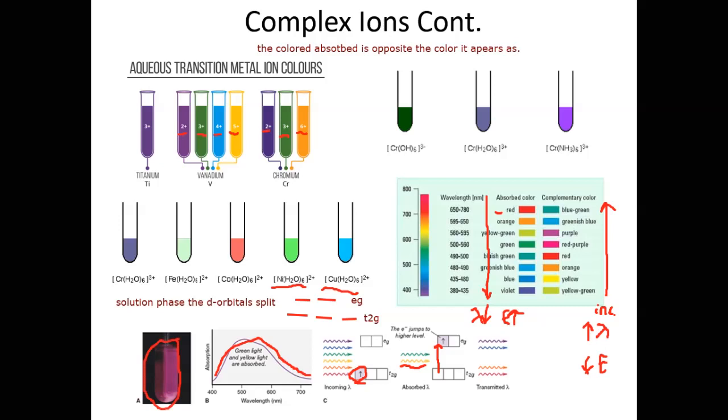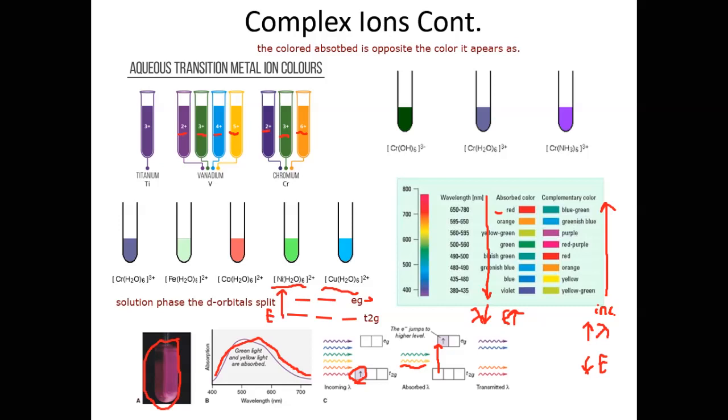So the higher d orbital state is Eg, the lower d orbital state is T2g. So an electron moves from T2g to Eg. And that's where you get these colorful solutions for transition metals, because you're always moving an electron from a lower energy level to a higher energy level.